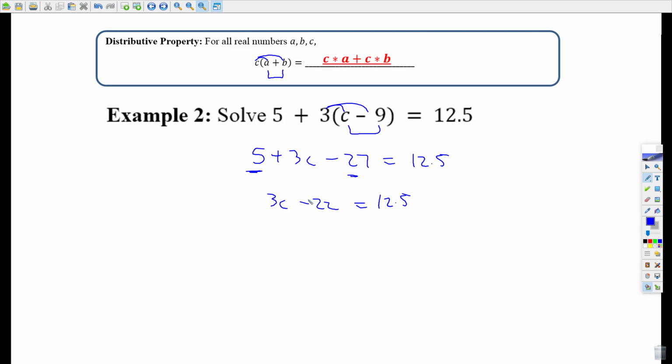Okay, after that, we add 22 to both sides. So we get 3c, those cancel, equals 34.5. And then we divide. This will also give us a decimal. c equals what?